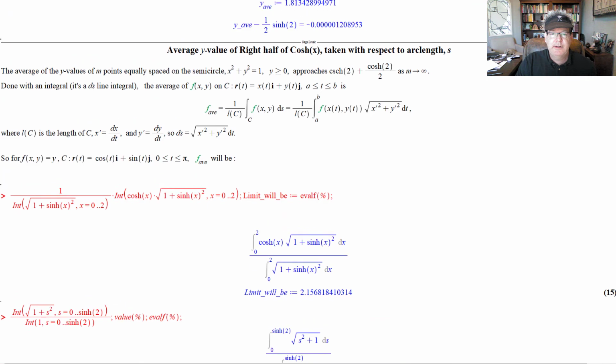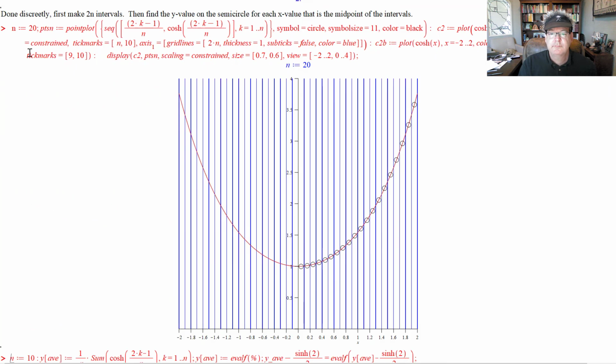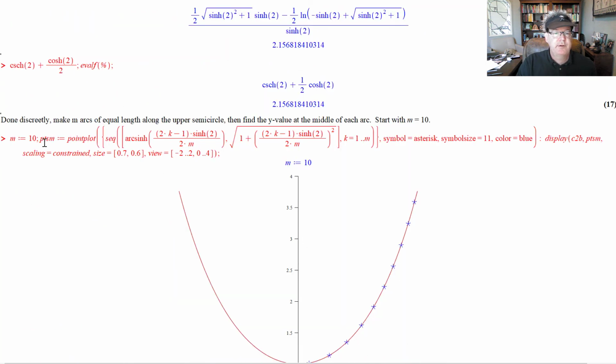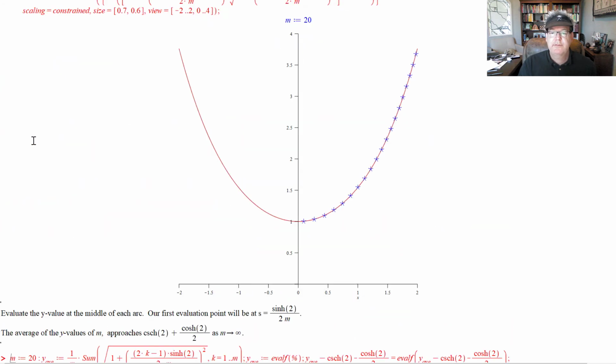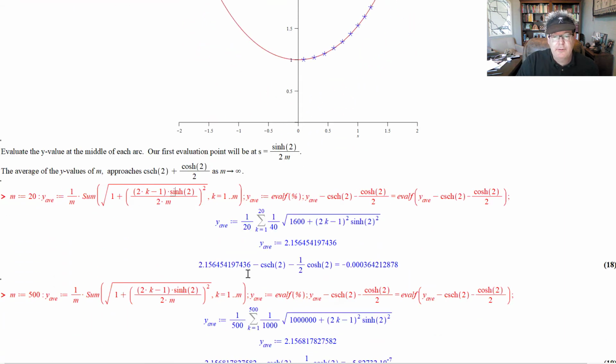I can maybe make it 20. So there's 20 points. If I do it over here, 20 points equally spaced along the curve instead of along the x-axis. So we're close to the claimed average, around 2.15.